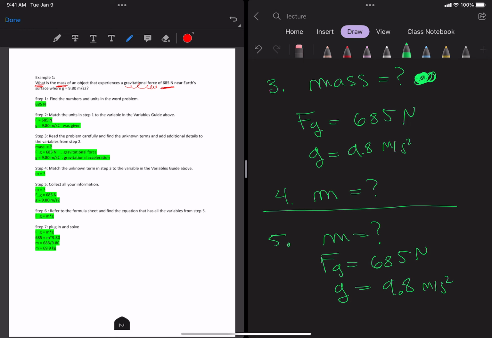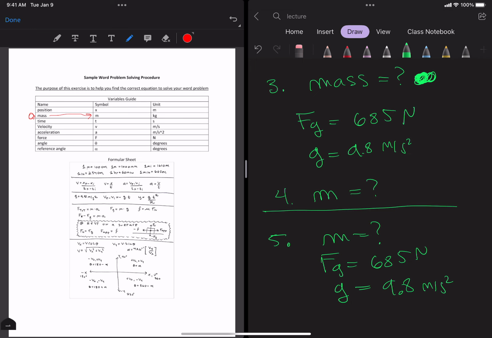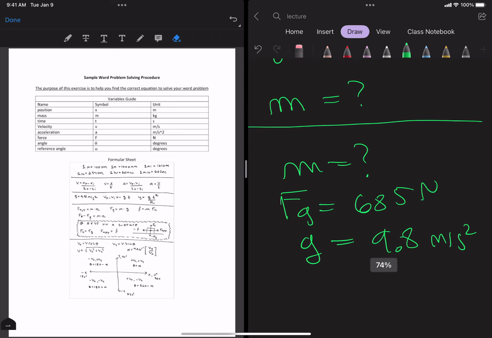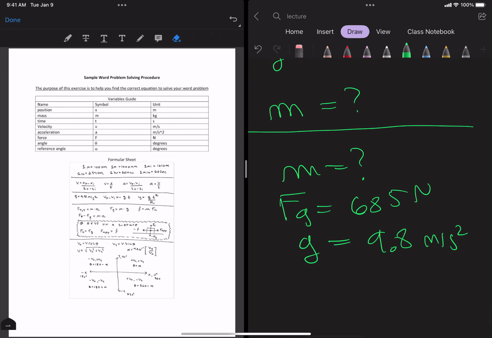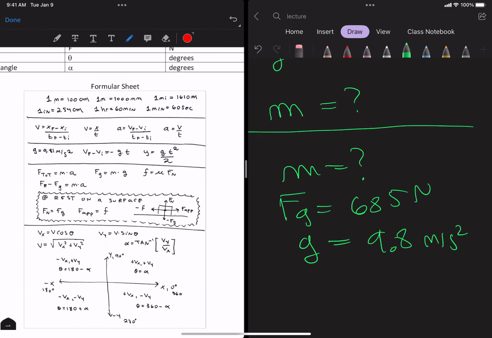Now that you have that, you can go to the formula sheet and try to find the equation. I'll do it a way that might be helpful: I'm going to use dots. Everywhere I see an M, I'll put a dot. There's an M here, an M here, an M there. Everywhere I see an FG, I'll put a dot.